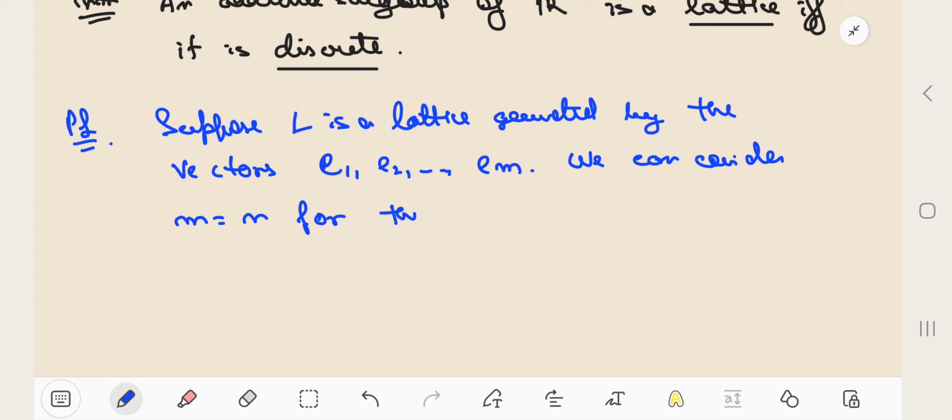And how can I do that? Because suppose I am in Rm and I am talking about a lattice of rank n. Now topologically Rn is a subspace of Rm whenever n is less than or equal to m.